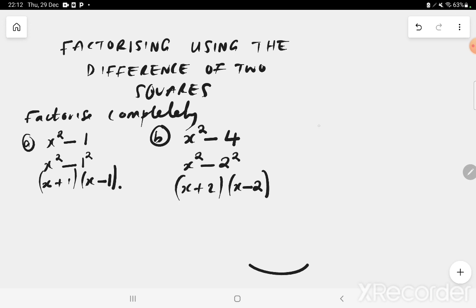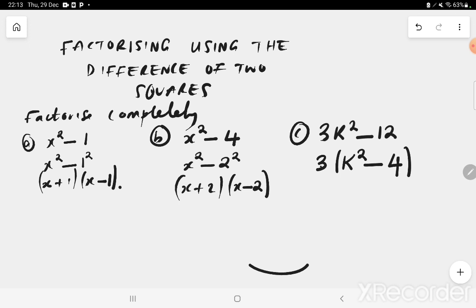Having done that, let's look at a different one. Suppose we have 3k squared minus 12. Here, you first factorize using the common factor method, so we're going to have 3 as common factor. 3 into 3k squared remains with k squared, minus 3 into negative 12 gives us minus 4.